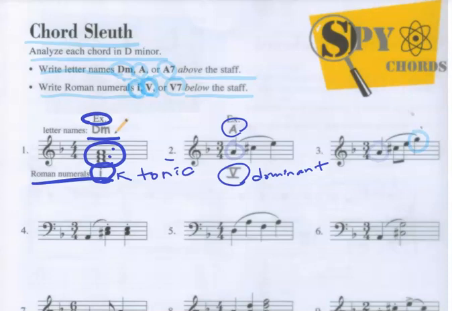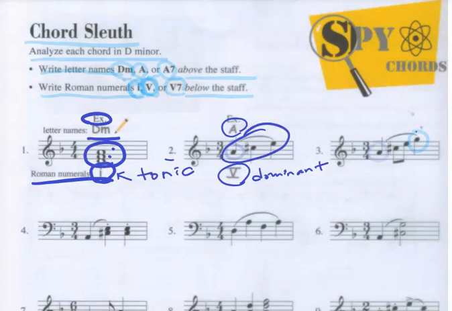Okay, number 3. So let me actually play this passage. Okay, ready, go. So here we have 4 notes, A, C sharp, E, and G. So what is this chord? So A, C sharp, and E was A chord, right? And you have G, the seventh note.